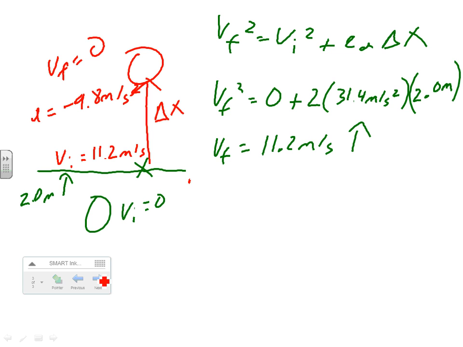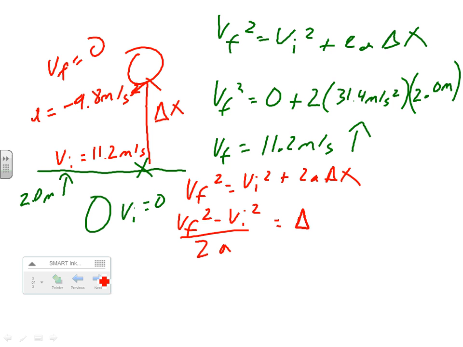So again, we're going to go back to our kinematic equation. We're trying to find delta x, so let's solve that out for delta x. Plug in our variables. So we end up with a final velocity of 0 minus an initial velocity of 11.2 squared, all divided by 2 times the acceleration due to gravity.